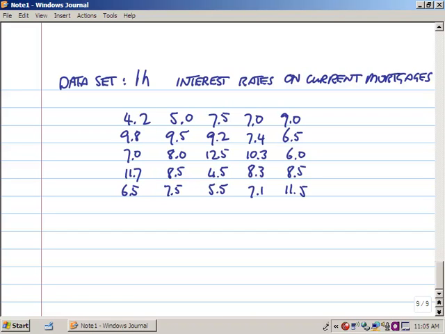Alright, several things I want you to do. First, create appropriate intervals. Of course, there's not just one answer here, there's several answers that will work. And create a frequency distribution.